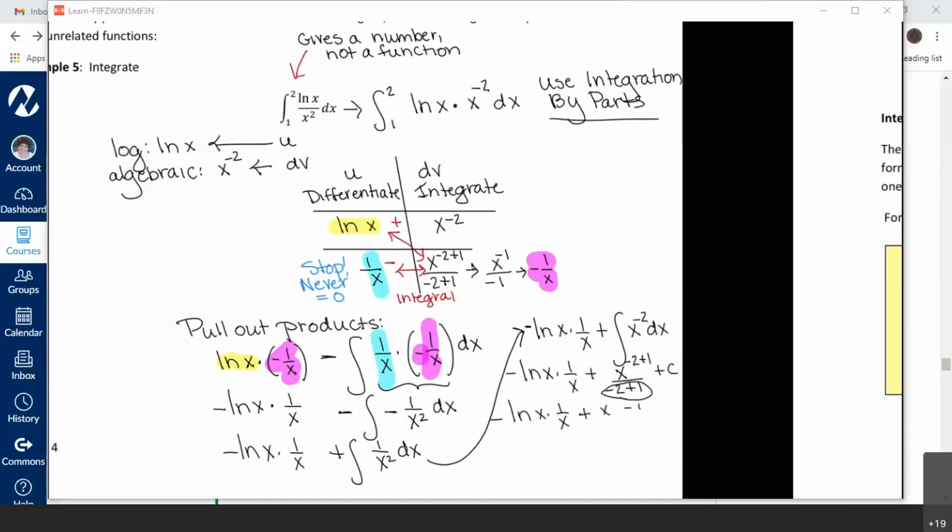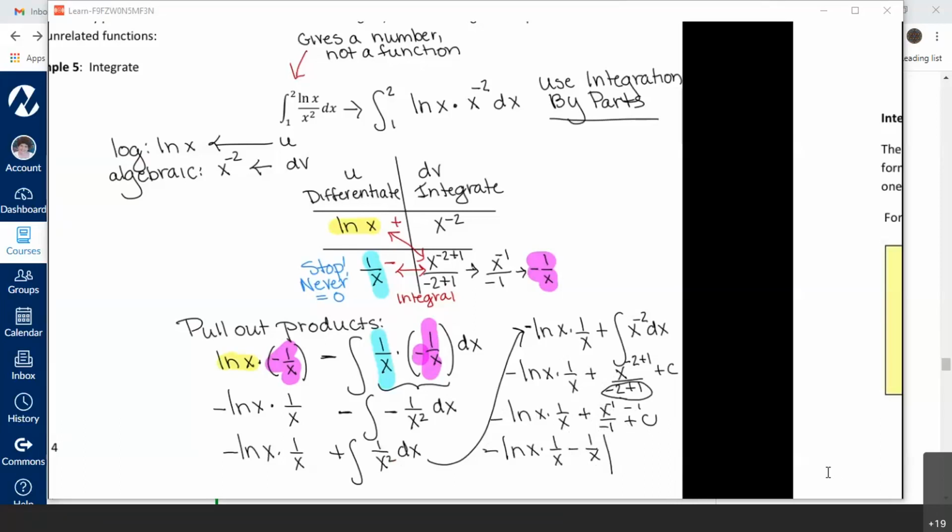So plus x to the minus 1 over minus 1. And again, playing with the signs, plus a negative fraction would give me minus 1 over x. This minus in front came from the minus 1 down here, and then the minus 1 on the exponent flips x into the denominator.